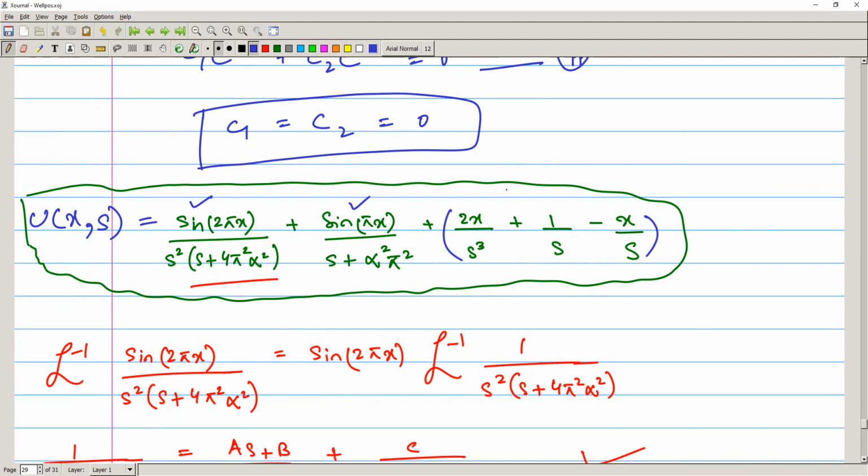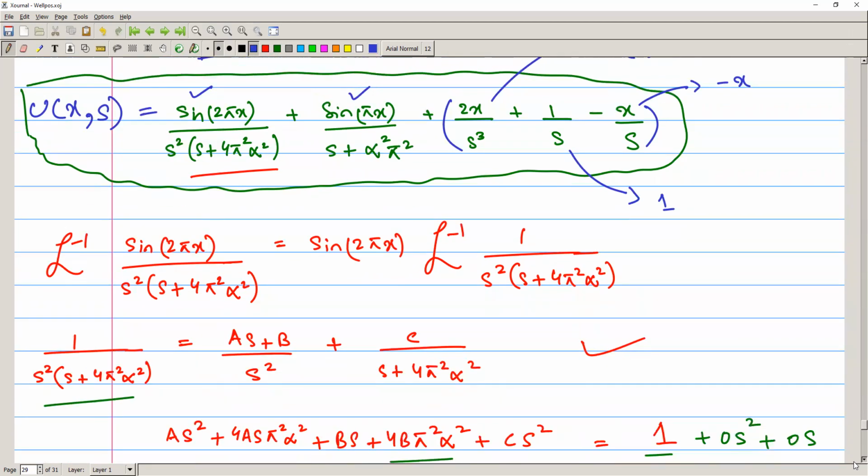So we can find here the Laplace inverse of this function: x is constant and 2 over s cubed, so its inverse will be t squared. Then the inverse of this function will be simply 1, and of this will be negative x. Right, so here it will be x t squared because of this x, right? So we can write x t squared minus x plus 1.